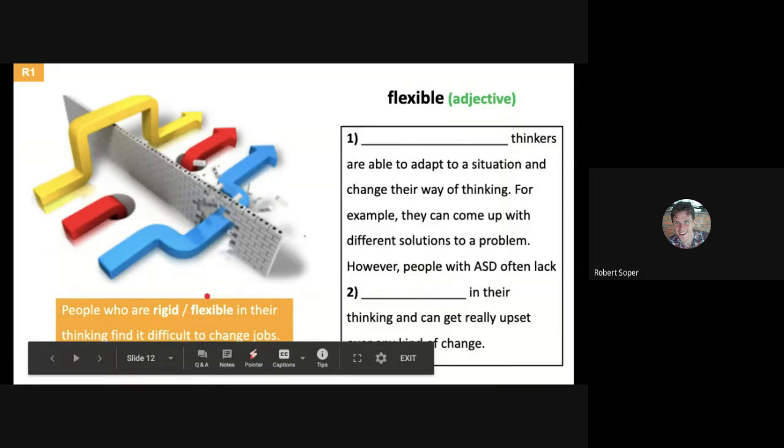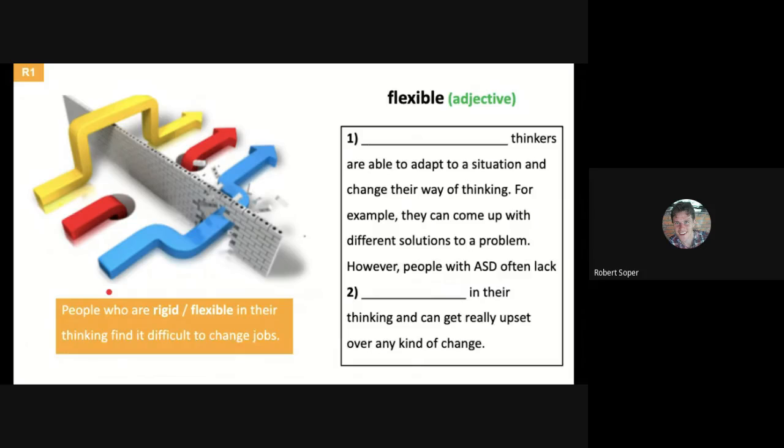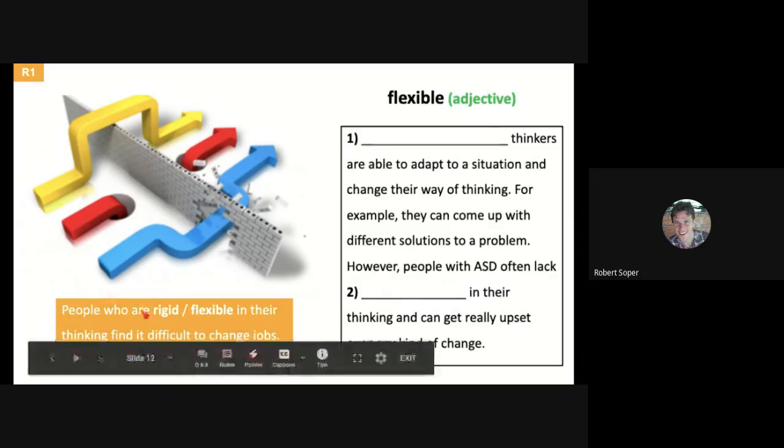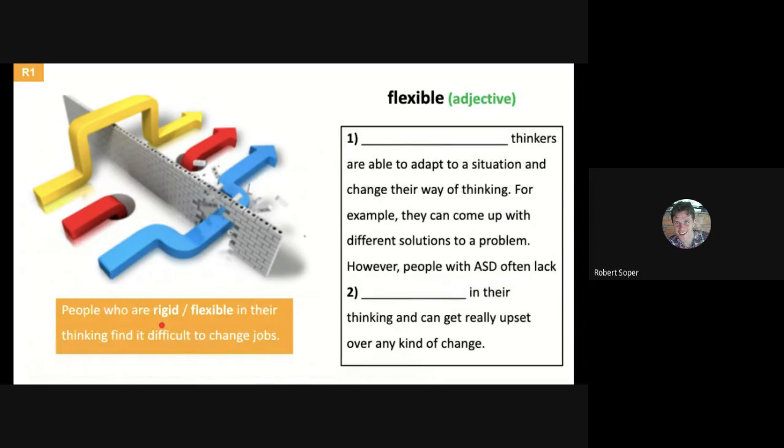So before we move on, let's just consider this question over here. People who are rigid or flexible in their thinking find it difficult to change jobs. So what it wants you to do here is decide which word is correct. People who are rigid in their thinking find it difficult to change jobs, or people who are flexible in their thinking find it difficult to change jobs.